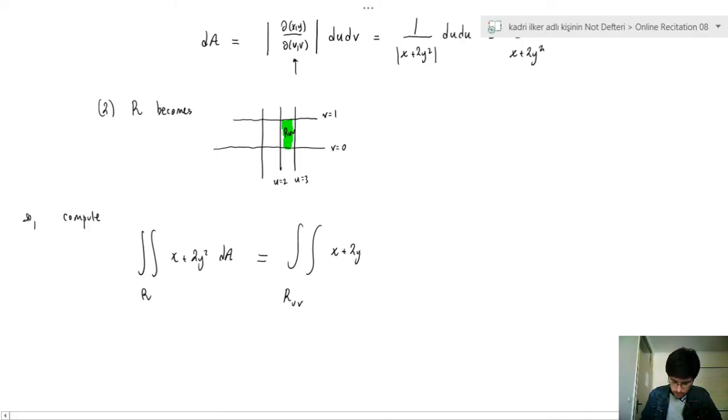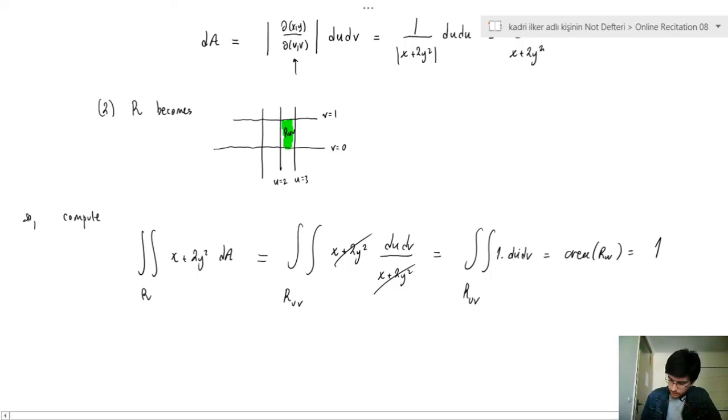But now dA is just du dv divided by exactly the same term here, so these cancel each other out. So this is just a simple double integral with integrand 1. What does it mean? This is just the area. So I should write it down: the integral over R_UV of du dv, but this is just the area of R_UV. This is just the area of this rectangle, which is 1. Okay, fine. So that's all. This is the result.